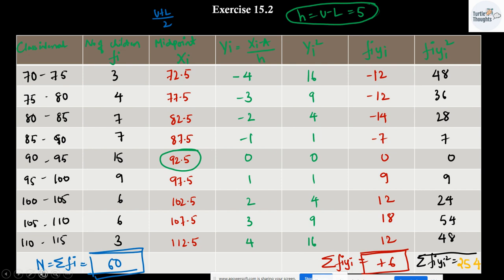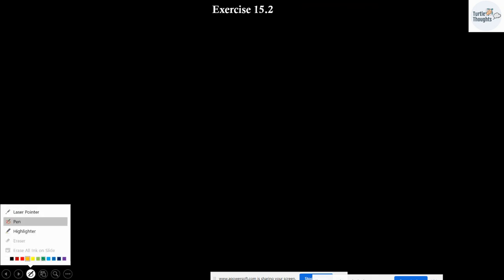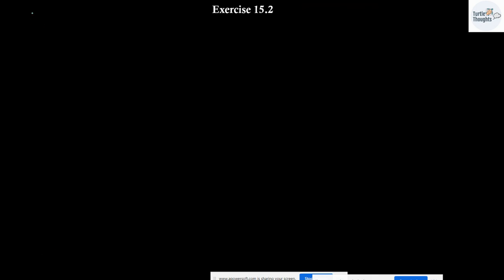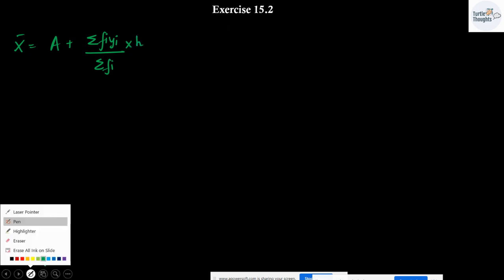Next, let me find out the value of mean, variance and standard deviation. Let me start with mean. Mean is given by x bar, which is a plus summation of fi yi divided by summation of fi, multiplied by h.